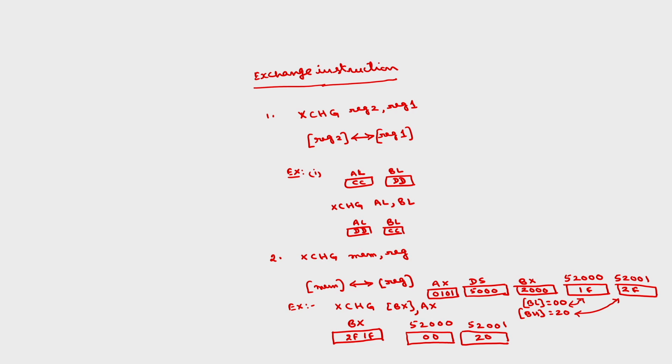The next instruction in the data transfer group is XLAT. Here nothing is mentioned, no register, no memory, but the operation inside is on AL only.